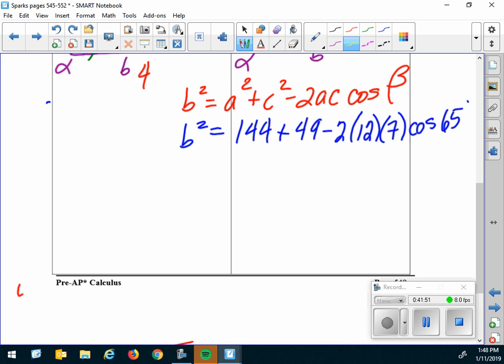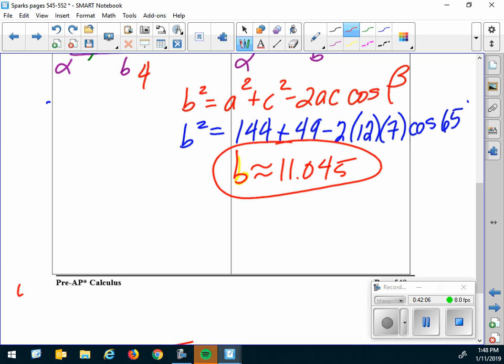What's B? Now you do square root of answer. 11.045. Store that in B. You got to take the square root of the answer because you're getting B squared.